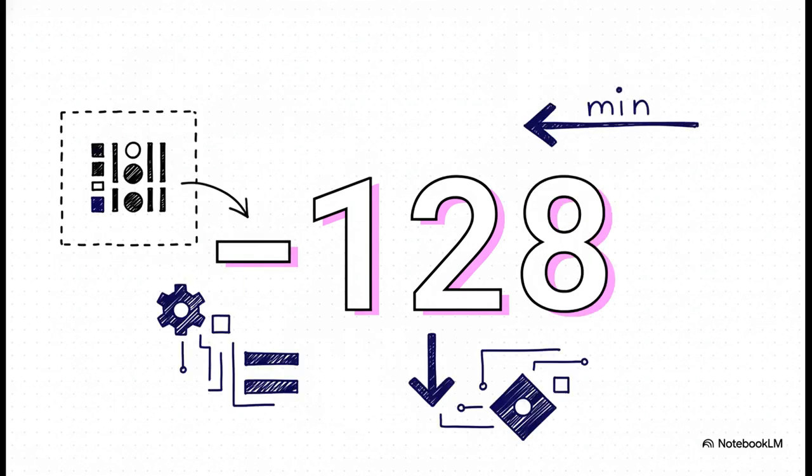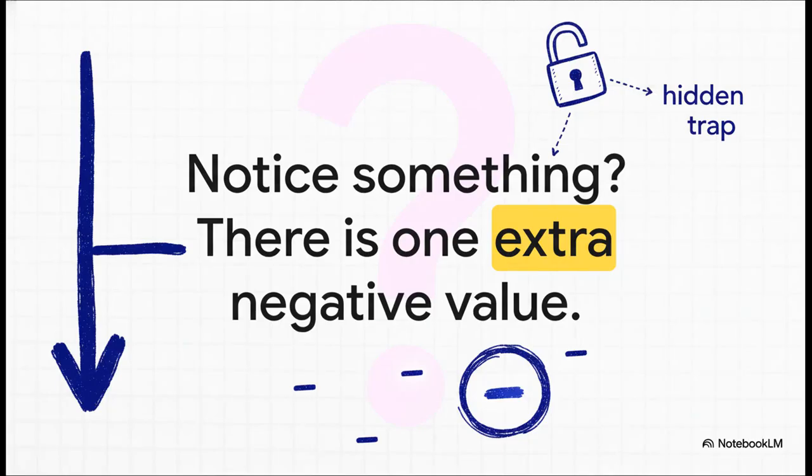But the smallest negative value goes all the way down to -128. See that? The range isn't balanced. It's not symmetrical. There is one extra negative number that has no positive counterpart. And right there, in that one extra value, lies a hidden trap just waiting for an unsuspecting programmer.